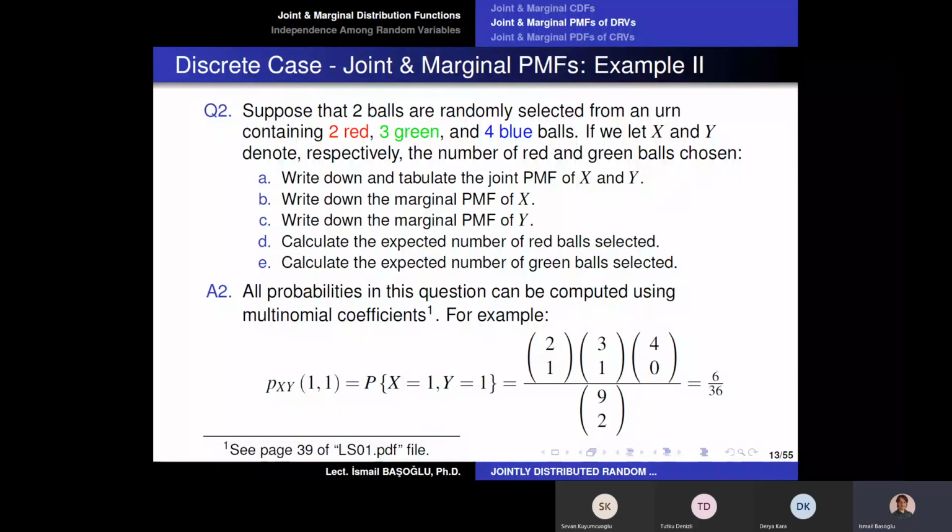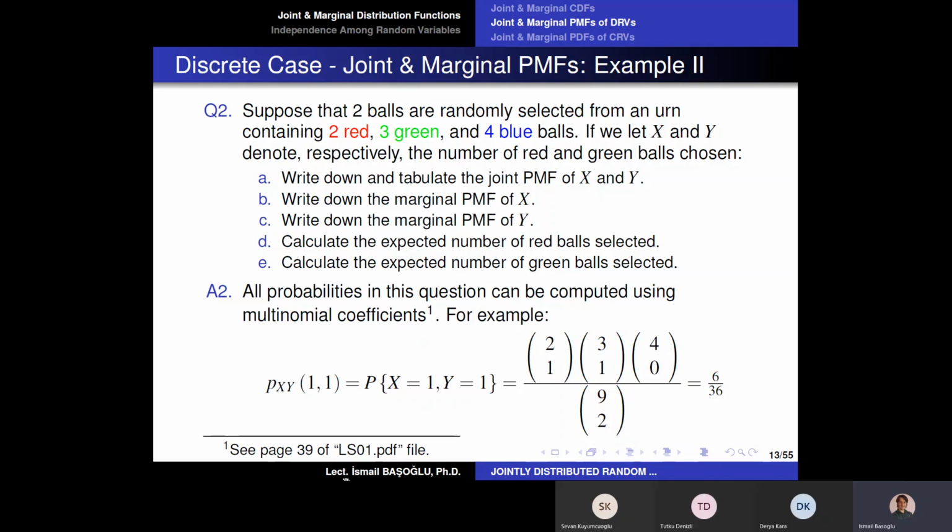For example, I can select 1 green and 1 red ball, and here is the probability of that. What is the probability of selecting a red ball and a green ball, which means the probability of x being equal to 1 and y being equal to 1 at the same time? We can define the sample space of this experiment with 9 choose 2 possible outcomes, if you remember from chapter 1.